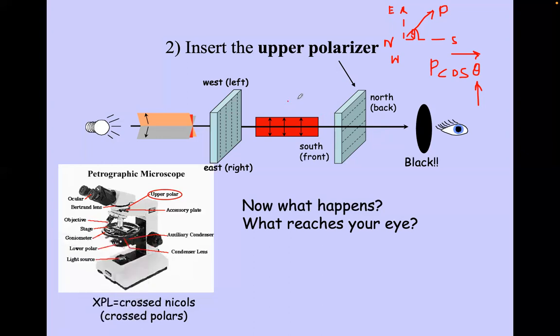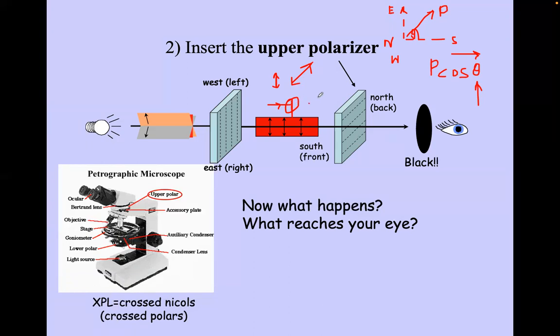if you put some mineral sample here, the light, which is coming along this direction vibrating in the east-west direction, can be bent to some direction like this, if there is any possibility for bending this light by this mineral.